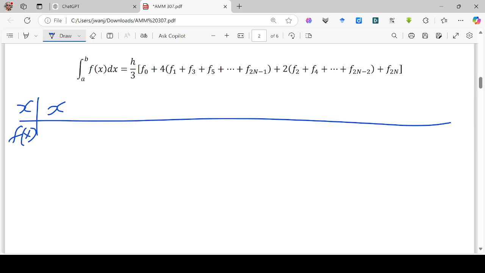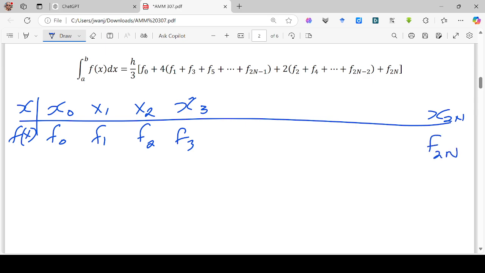Again, I'll write the values here. We tabulate the function from x0, x1, x2, x3, and so on up to x2n, and the corresponding values of the function f0, f1, f2, f3, all the way up to f2n.